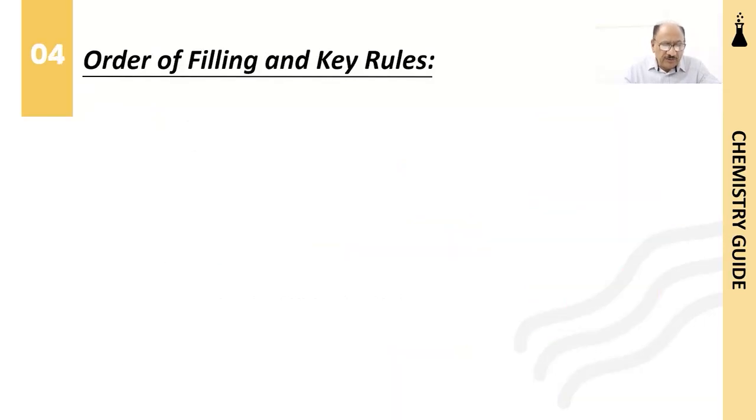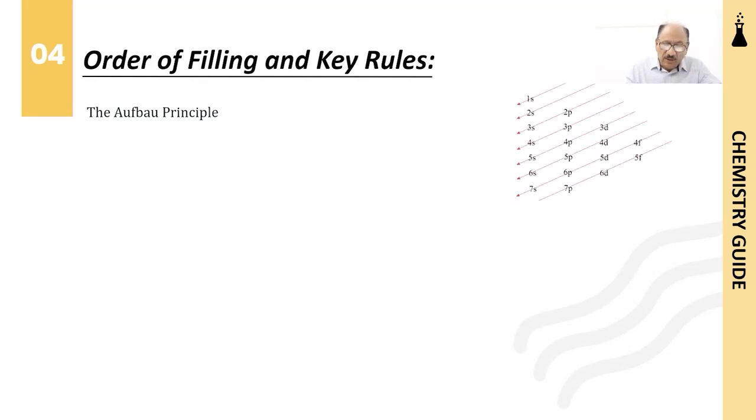Now, order of filling and key rules. How will we be filling these? If we write 1s, 2s, 3s, 4s, 5s, 6s, 7s, similarly 2, 3, 4, 5, 6, 7 p, and 3, 4, 5, 6 d, and 4, 5 f, and we draw these lines, this will be the order of filling.